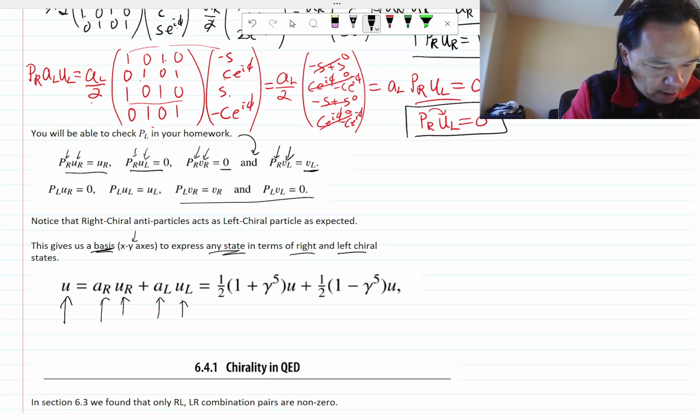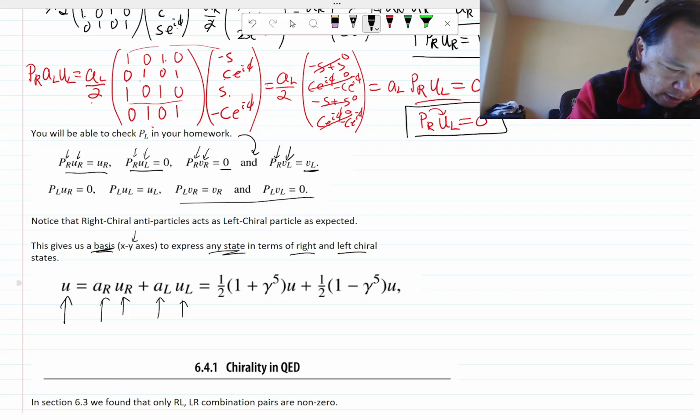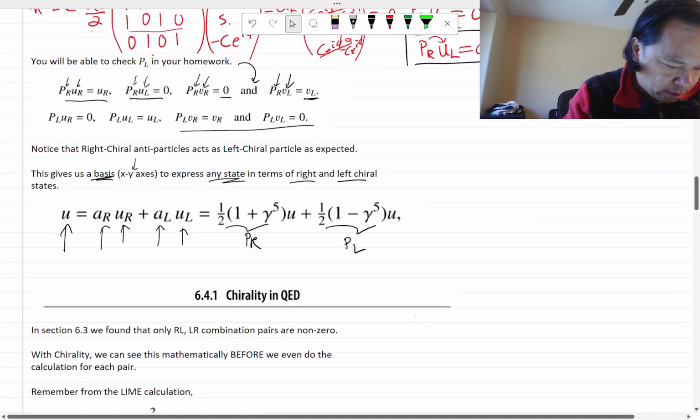And one neat trick we can do is that since these projection operators, this is PR, give you either the left or the right, you can actually insert these PR and PL in front of the eigenstates without changing the equation. And this is the trick we're going to do next.